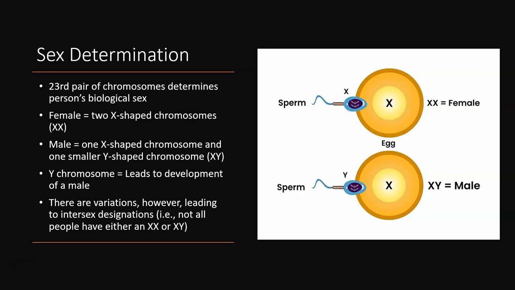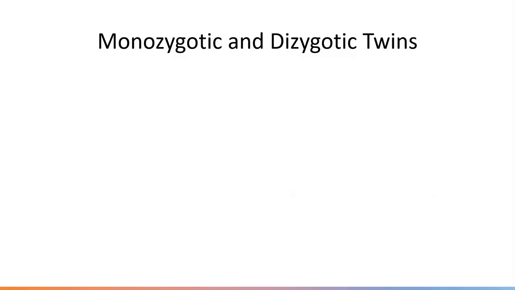Now, you would have to take further courses exploring some of this to learn more about those various intersex conditions. Twinning is always possible, and multiple births are always possible.